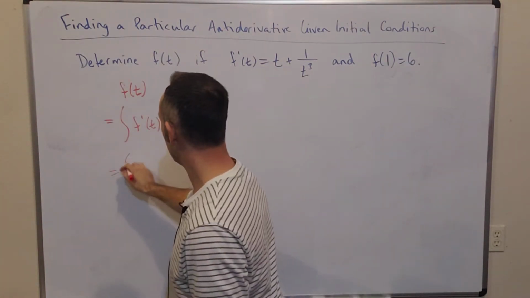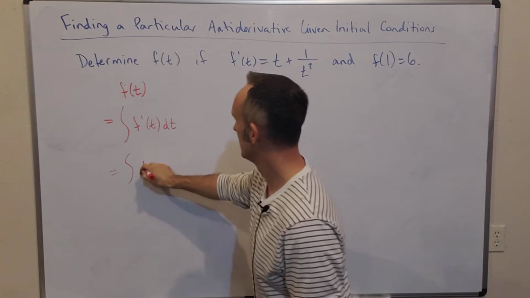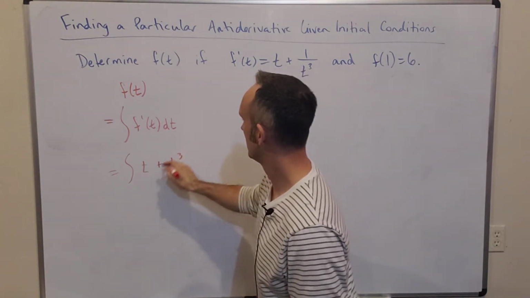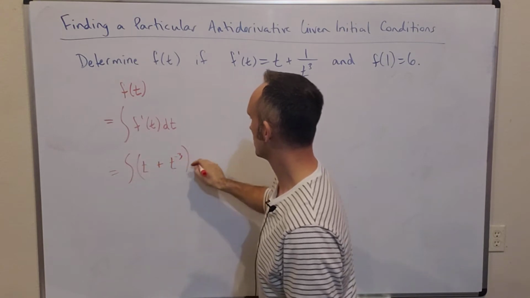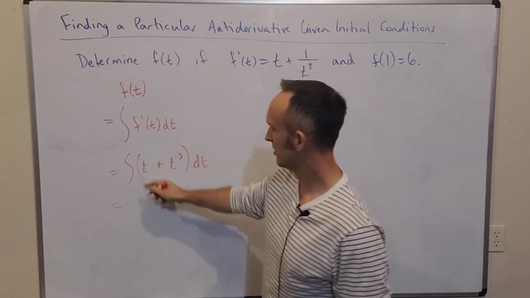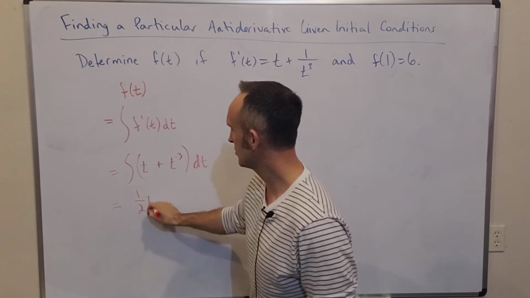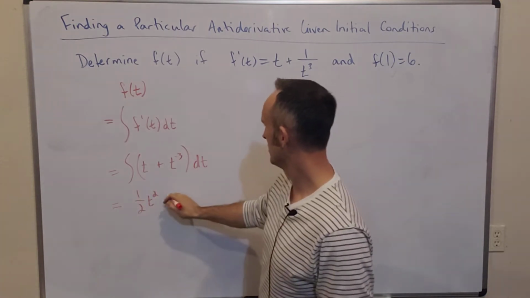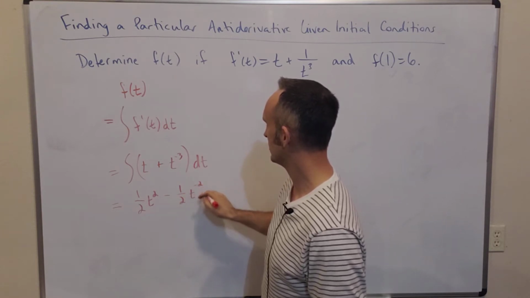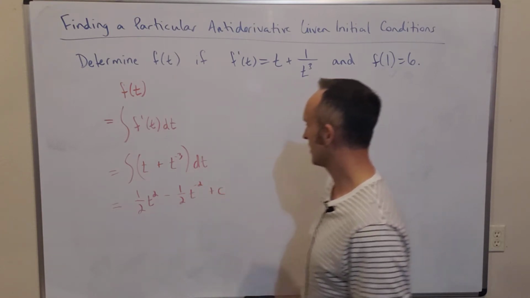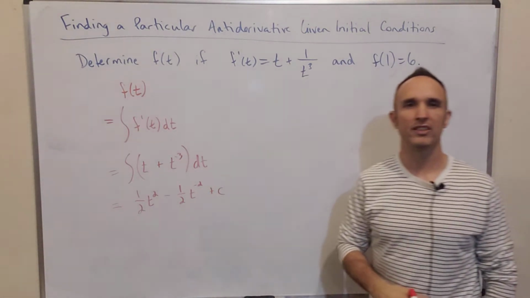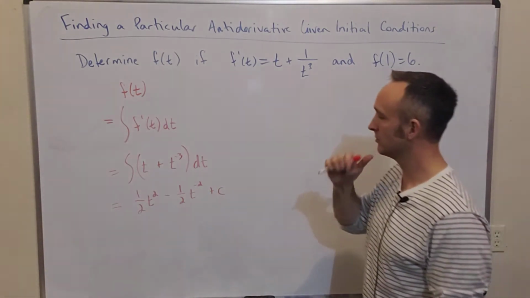So now I'm going to anti-differentiate t plus t to the negative third with respect to t. And what I get is 1/2 t squared minus 1/2 t to the negative second plus a constant c, assuming you're pretty comfortable with antiderivatives here, okay?